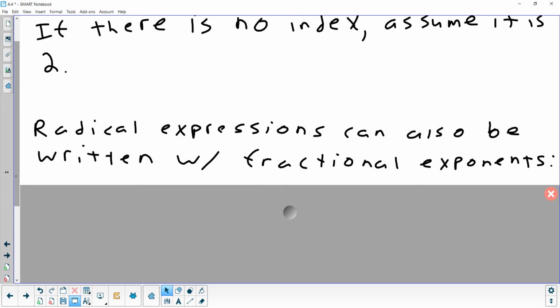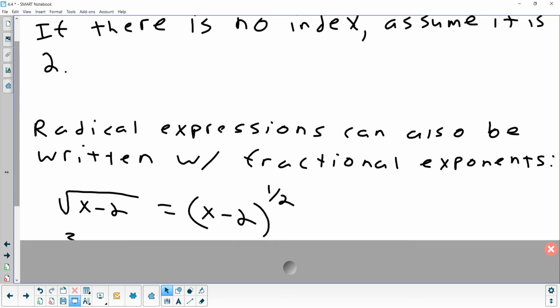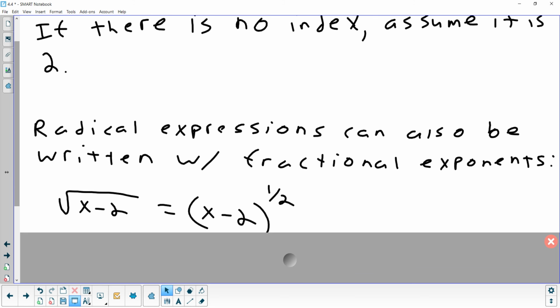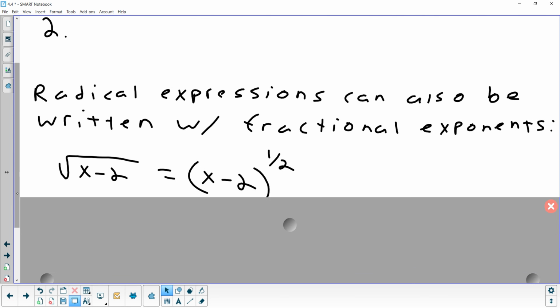Caleb? I'm looking for something I could type in, like if I did square root of 9, I would get 3. I could also raise 9 to what power and get 3? 1/2. Yep, 1/2. So if you had something like this, you can rewrite it with a fractional exponent.